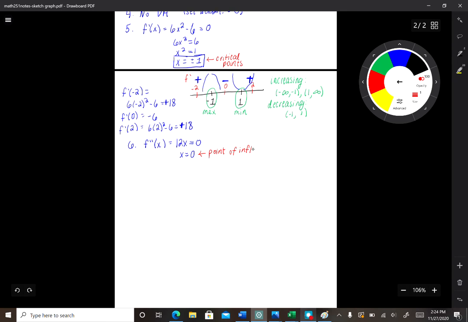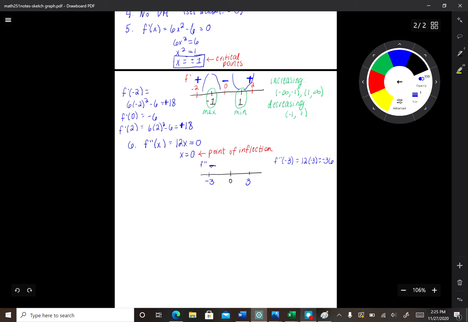And to find our interval of concavity here, I again set up my number line, plot our point of inflection, and I pick a point on either side of it. Let's pick -3 and +3. This is f double prime. So f double prime of -3 is 12 times -3, which is -36.